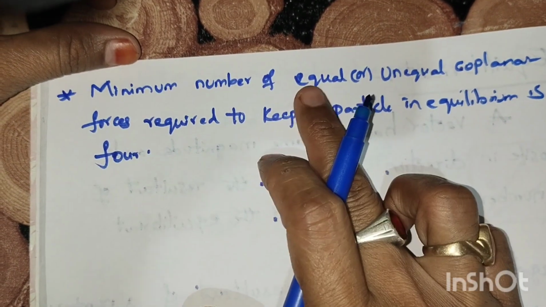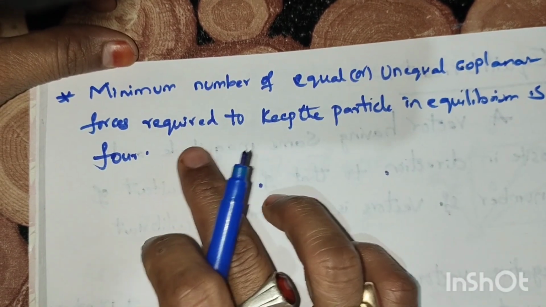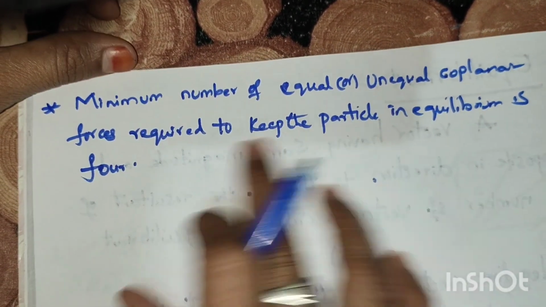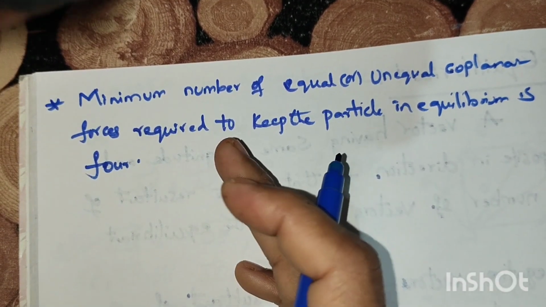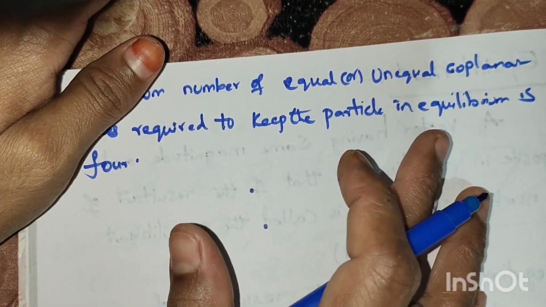The minimum number of equal or unequal coplanar forces required to keep the particle in equilibrium is 4. So as we discussed, single force can't keep the particle in equilibrium.